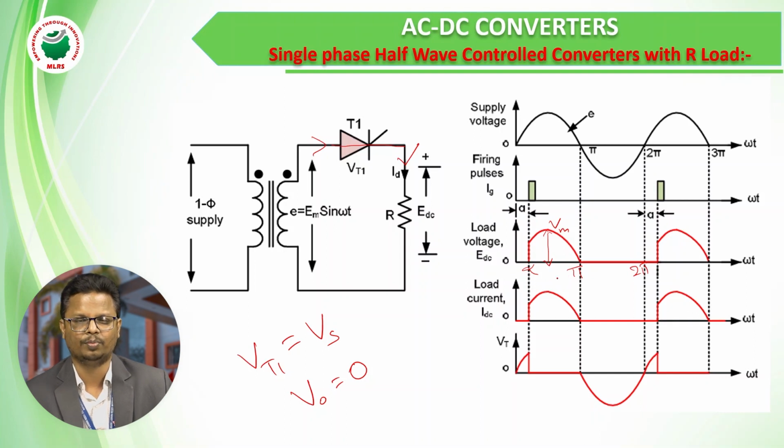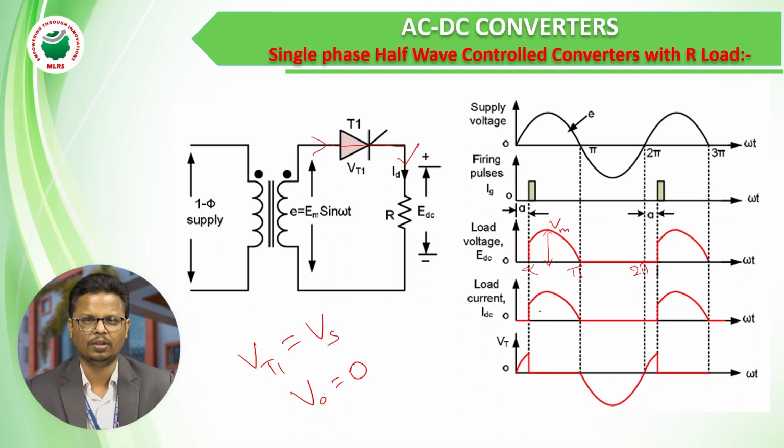So we get the output voltage V0 equal to Vs, and after pi, due to the reverse voltage, the thyristor will be in reverse bias, so it is turned off. So the output voltage is 0 up to 2 pi, and then the next triggering pulse. After 2 pi plus alpha, if we give the triggering pulse, then it starts conduction till 3 pi. Okay, so if you observe below, here we have the current output.